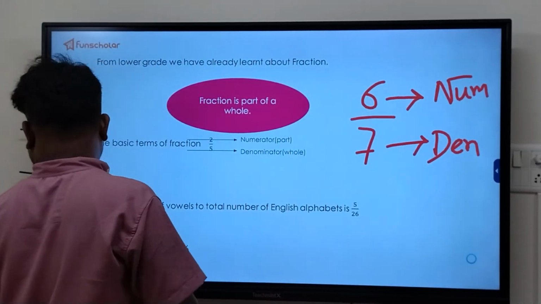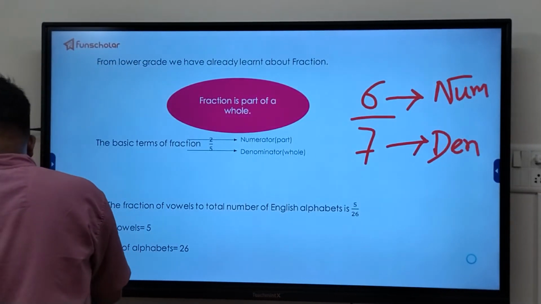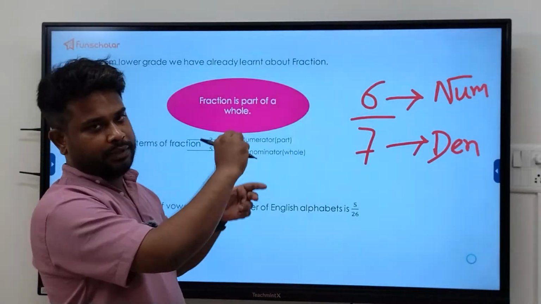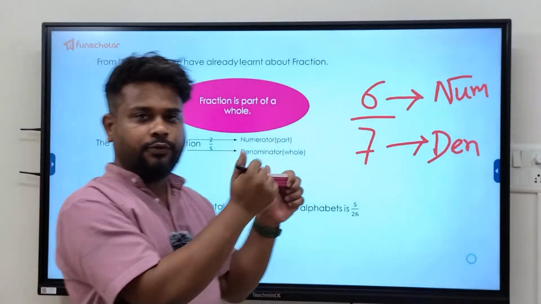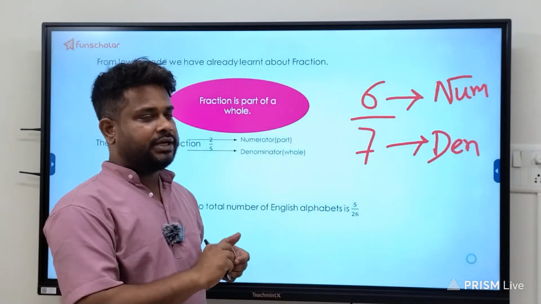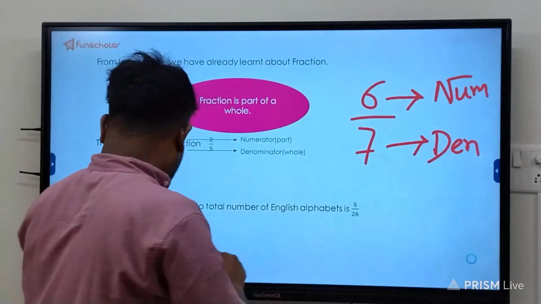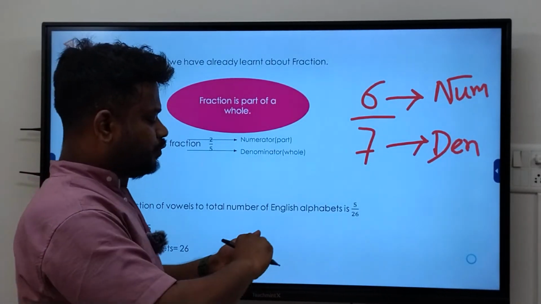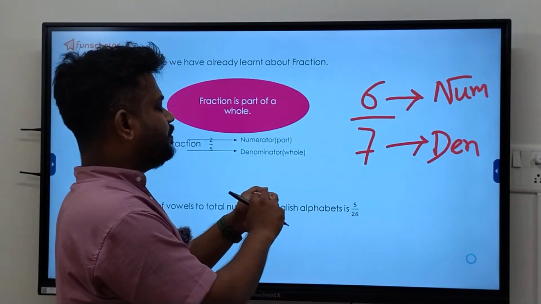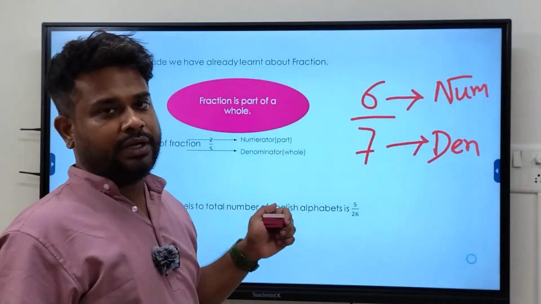We can tell from this example that if this is a whole, it has 4 parts, 1 2 3 4 blocks make one whole object. If I try to denote it like a fraction, then these 3 parts will be the denominator and this first one part will be the numerator.